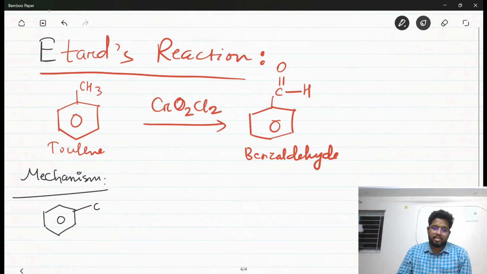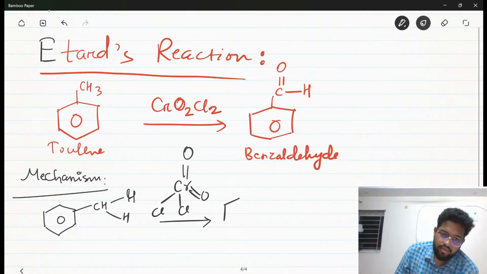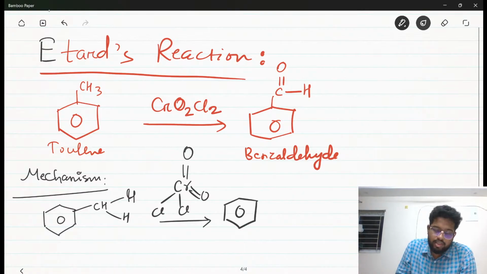Benzene ring CH3. Now this is treated with CrO2Cl2, Cr double bond O, double bond O, single bond Cl, single bond Cl. And what I will get? I'll get a complex. And what would be the name of that complex? Let's draw it.